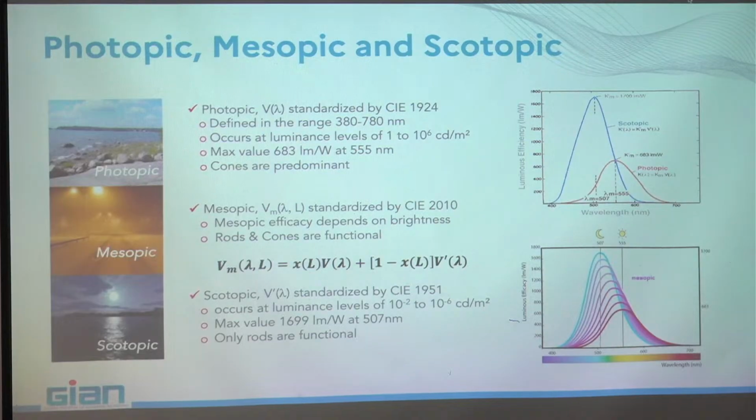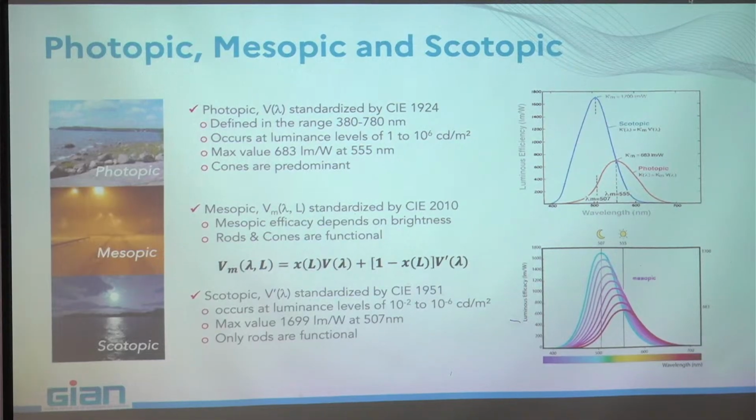Why 555? For different reasons. First, the maximum emission of our star, the sun, is at 555, yellow-green. Second, Earth's atmosphere has a local minimum for absorption at 555. And third, look around you, all the trees are green.